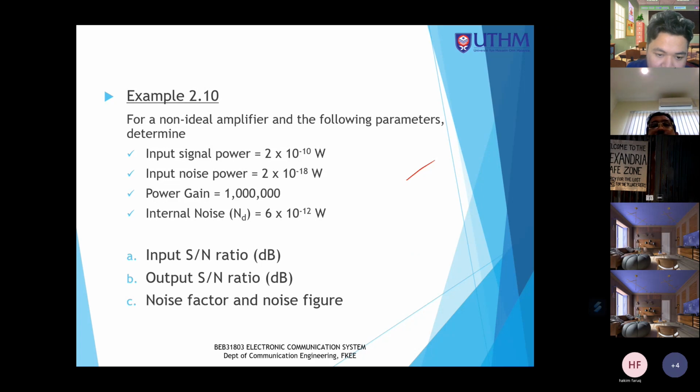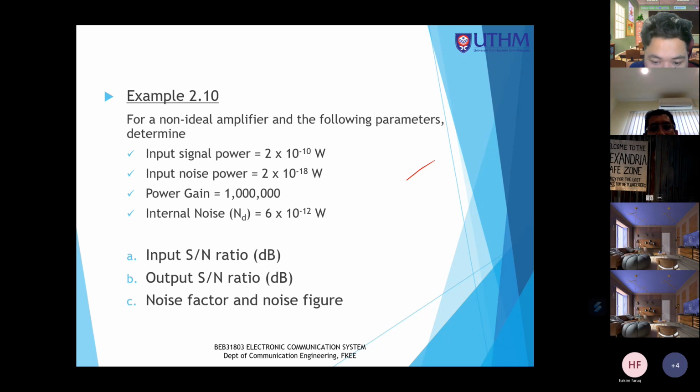So jangan terkejut kalau dalam test nanti kita bagi soalan yang sama tepat macam dalam nota. Kita pernah buat seperti itu, yang mana hasilnya adalah ramai pelajar boleh buat dan ramai juga yang tak boleh buat. Itu pun saya pelik kenapa. So this is it, example 2.10.